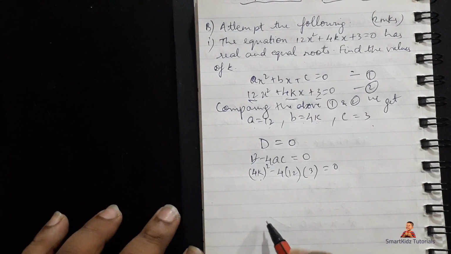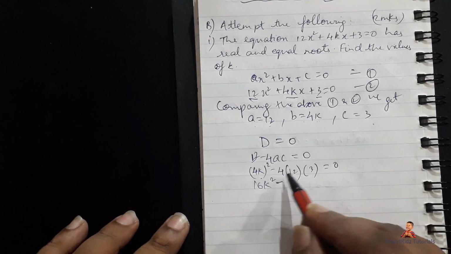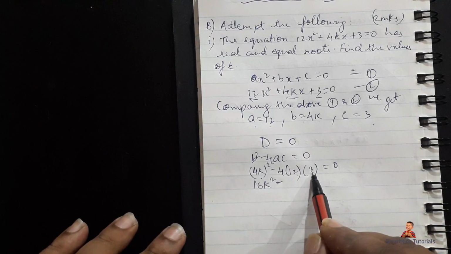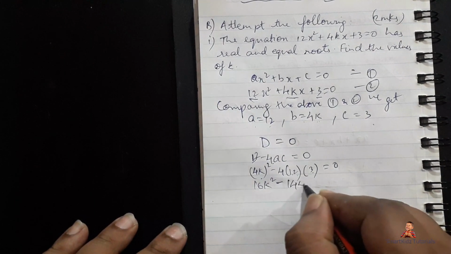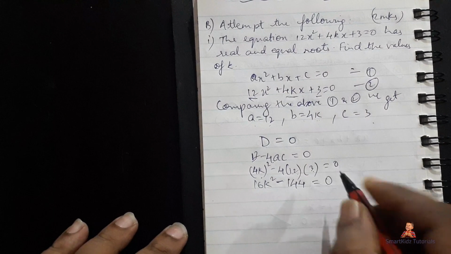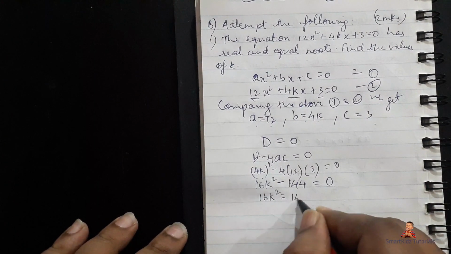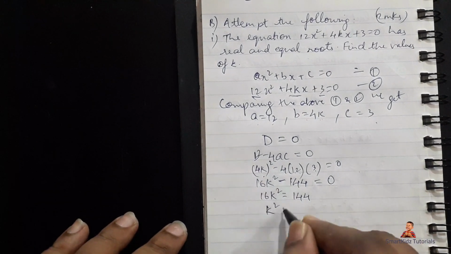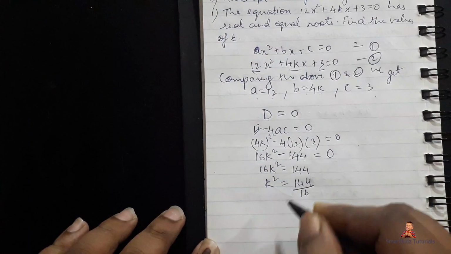4k whole square is 16k square minus 4 into 12, or rather we'll take 4 into 3, which is 12. 12 into 12 is 144. So that's 144 equal to 0. So we take 144 on the other side, we get 16k square equal to 144. So that means k square is equal to 144 upon 16.